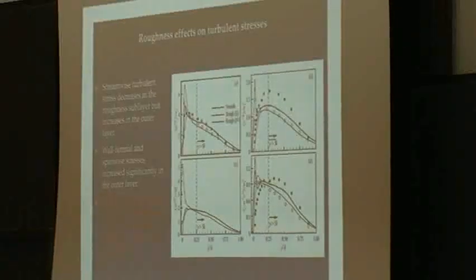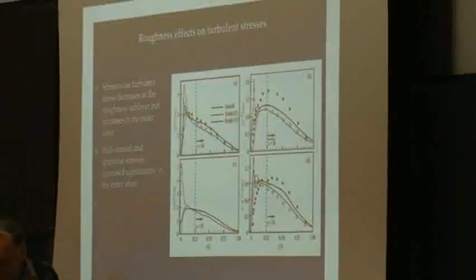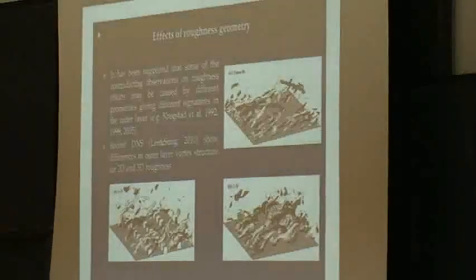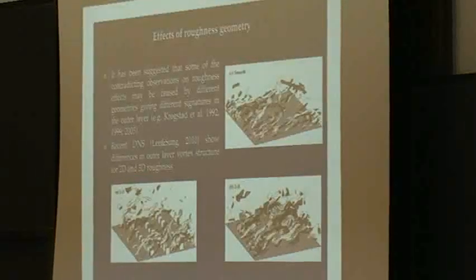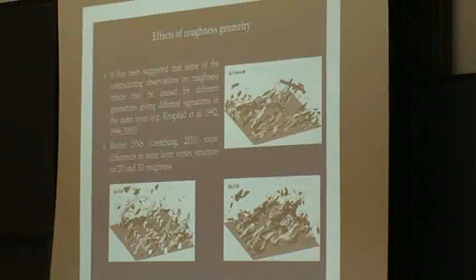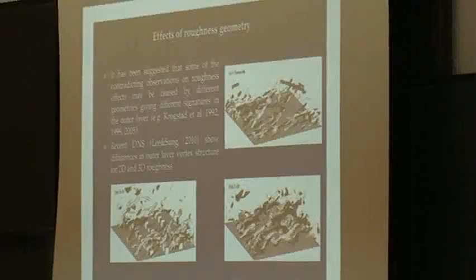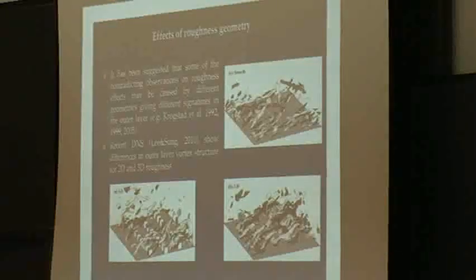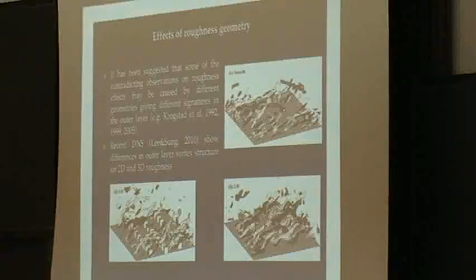So I think that we have evidence to say that in the boundary layers, there are outer layer effects from the surface roughness. I also stole a figure from the vortex plots that they have given in their new paper.